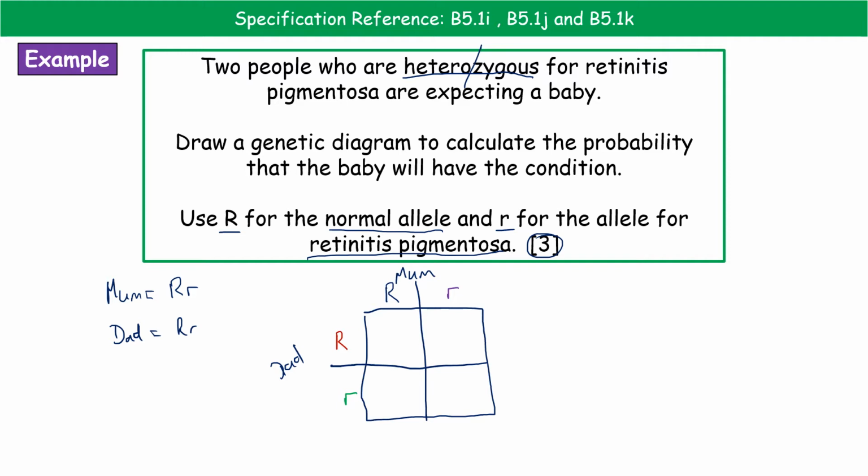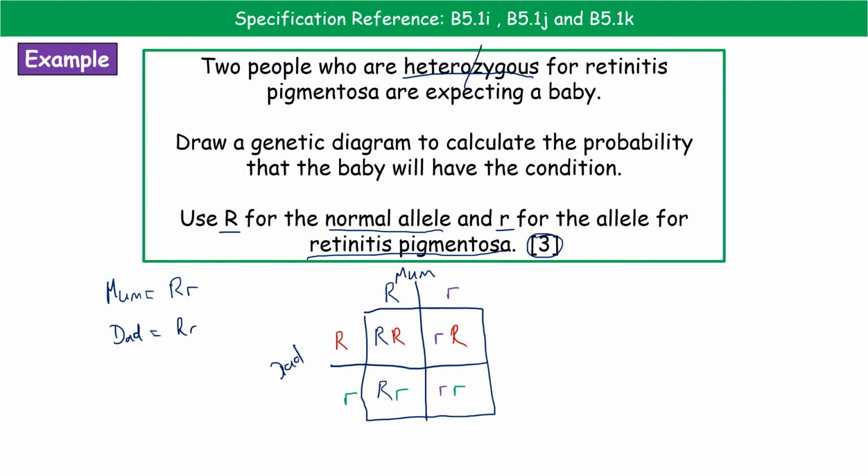Now, all we're going to do is, starting with the capital R for Mum, whatever's at the top of that column, fill it in to the 2 squares beneath. Then, same for Mum on the other side, whatever's at the top of the column, fill it into the 2 squares underneath. To Dad now, whatever's at the start of the row, put it in the 2 squares to the right, and then the same for the other one, put it in 2 squares to the right.